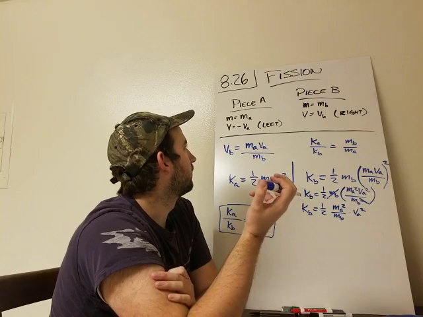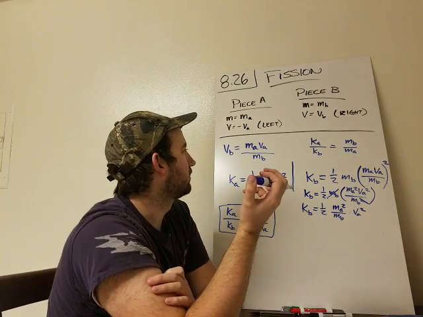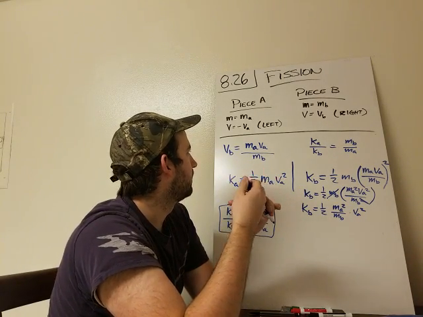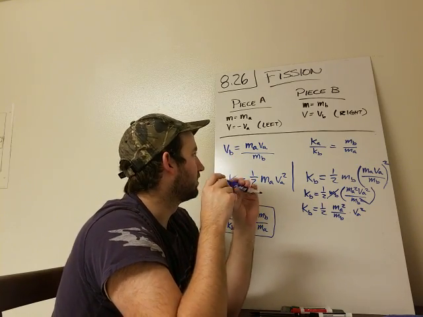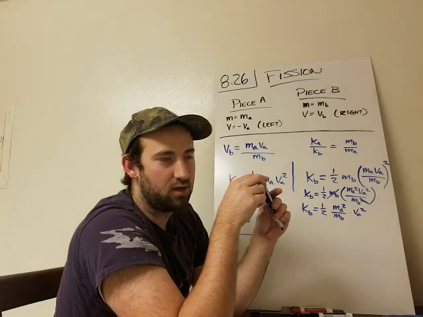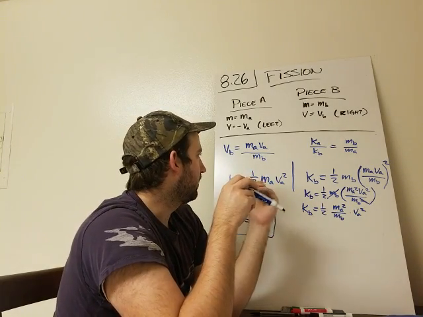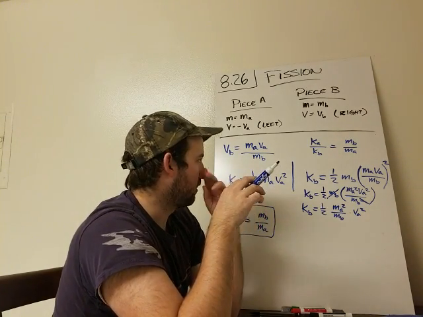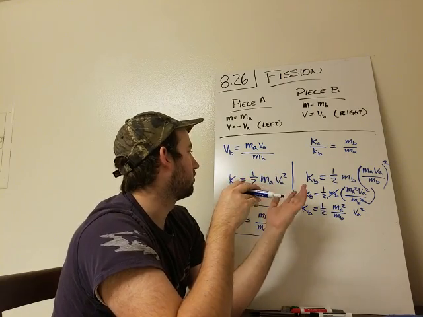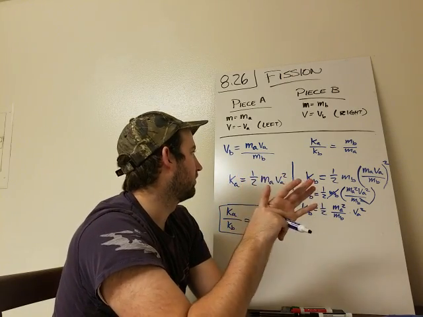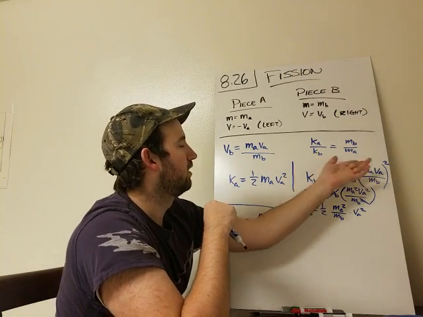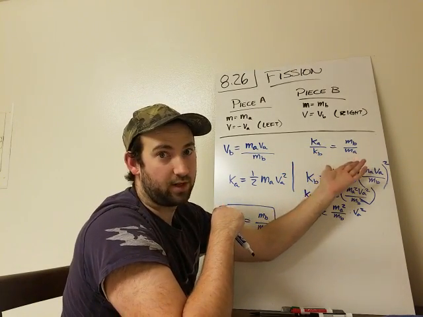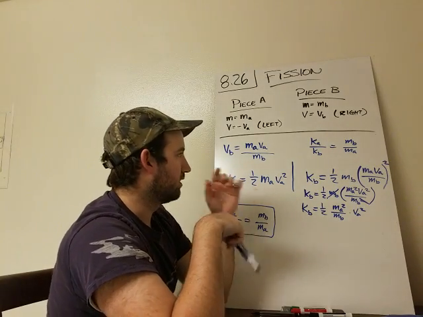Just as an overview, we used conservation of momentum to find v sub b in terms of the other variables. And then part B wanted us to use the kinetic energy equations to verify that this statement is correct, which we found out that it is.